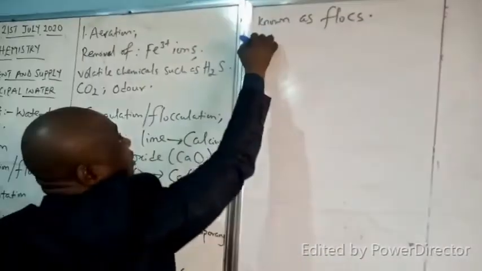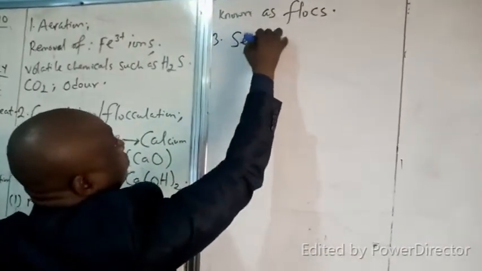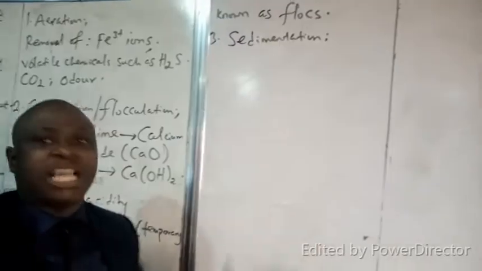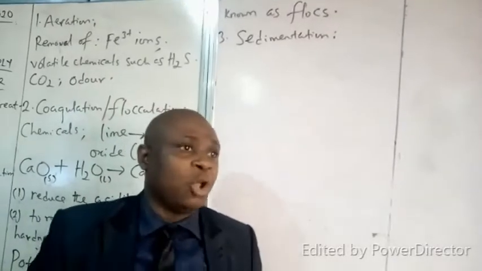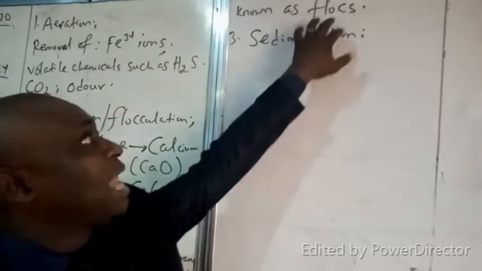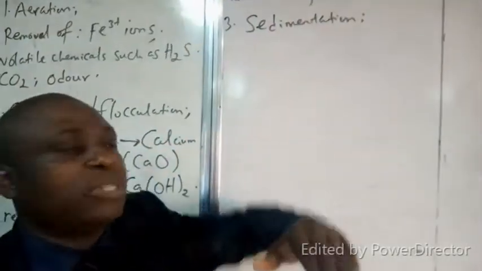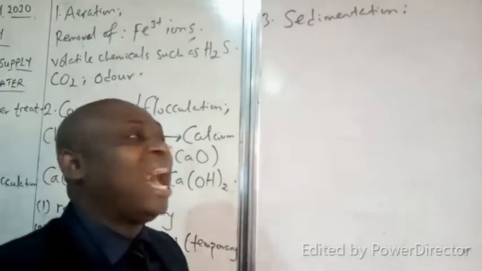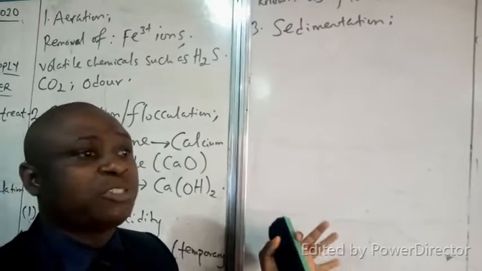In this stage, there is no addition of chemicals. What you do in this stage is to allow this floc to settle down. And when the floc settles down to the base of that tank, you have a large deposit of that floc.